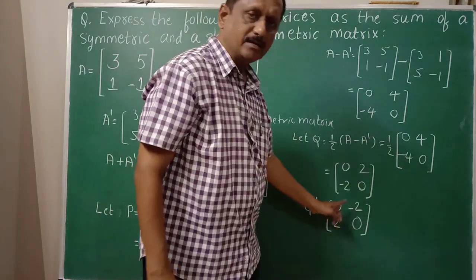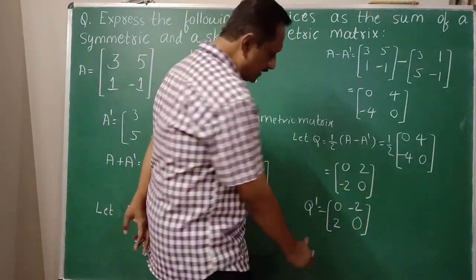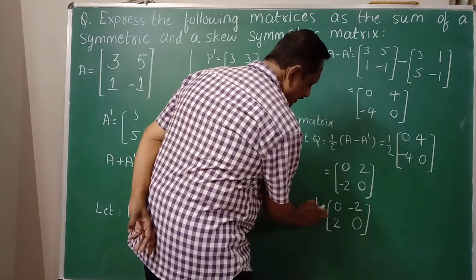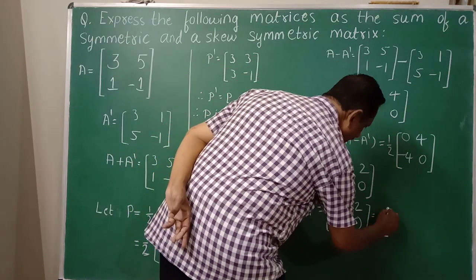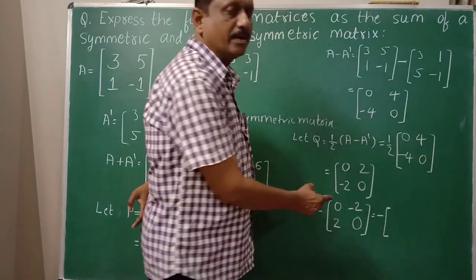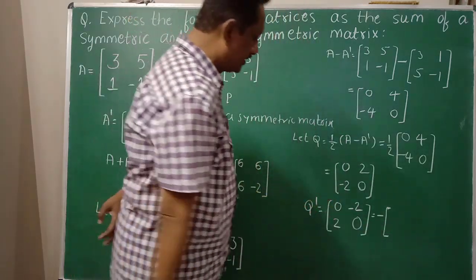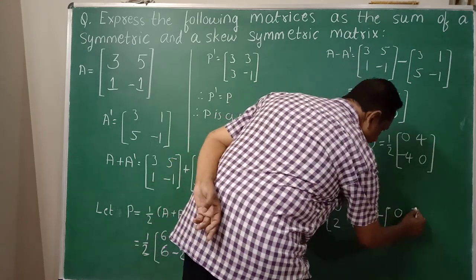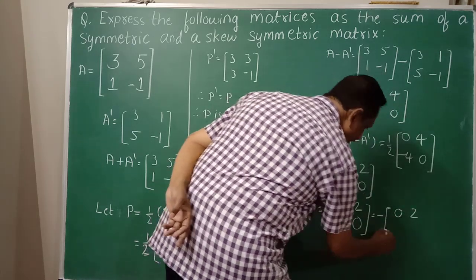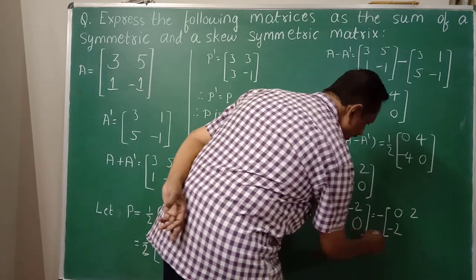From this matrix, take minus as a common factor outside. Then the positive term becomes negative and the negative term becomes positive. So write 0 as it is, minus 2 becomes plus 2, plus 2 becomes minus 2, and 0.